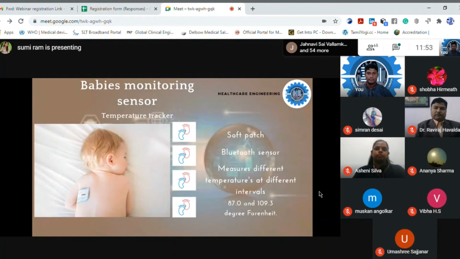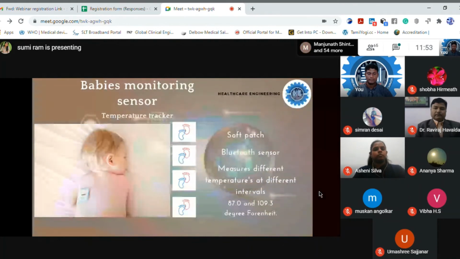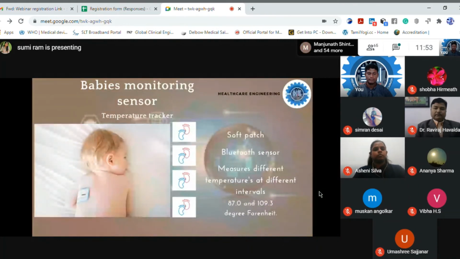It measures the temperature between 87 and 109.3 degrees Fahrenheit. This sensor measures the body temperature of the child for up to 48 hours, and the recorded temperature will be sent to the child's parents via Bluetooth or to their smart device. So this technology is ideal for today's busy parents.